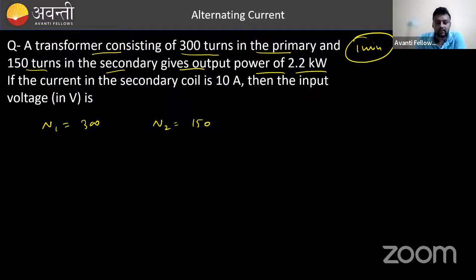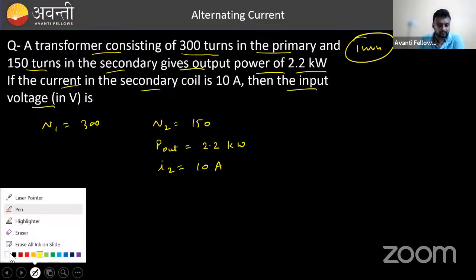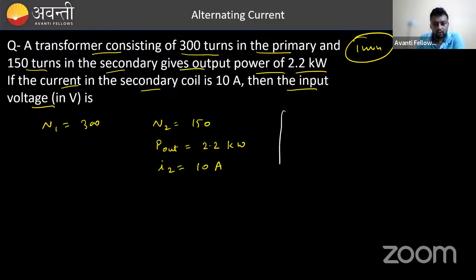It gives an output power of 2.2 kilowatt. That means P output is given as 2.2 kilowatt. If the current in the secondary, now again, I2 is given as 10 ampere, then the input voltage they are asking. So first of all, we will start with a golden relation.